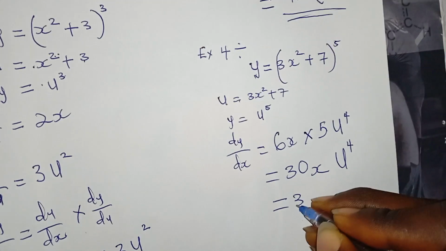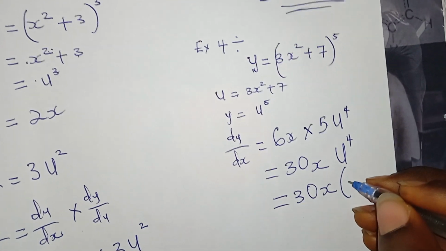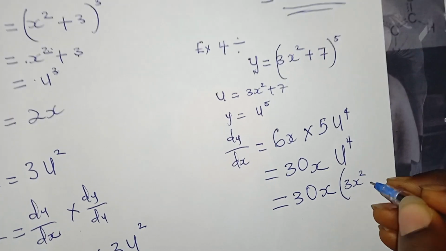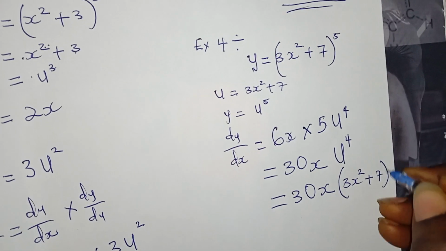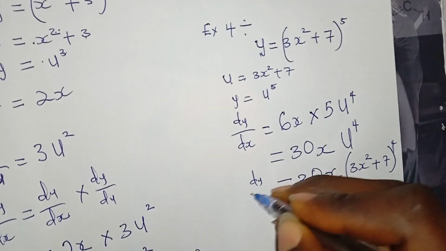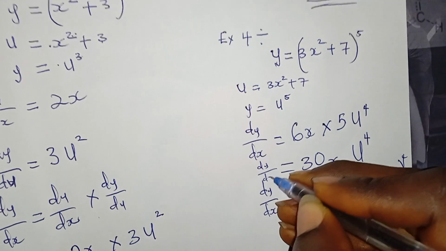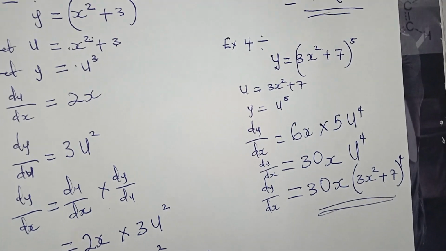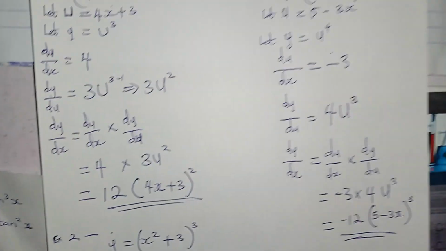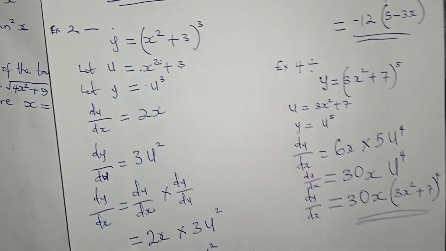So when I put it together, it's simply 30x, remember that u is 3x squared plus 7, all raised to the power 4. So your dy over dx, very simple. Look at all these steps, very simple.